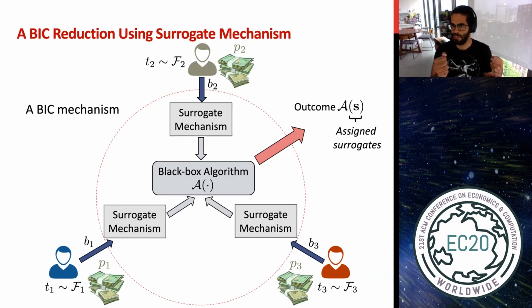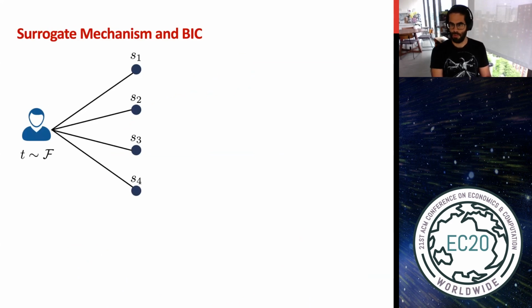Also, they don't change the distribution of the type, meaning that the resampled type and the actual type have the same distribution. Then I can decouple the problem into a bunch of single agent problems, and I'm going to explain that in a slide. For now, let's focus on this surrogate mechanism problem.